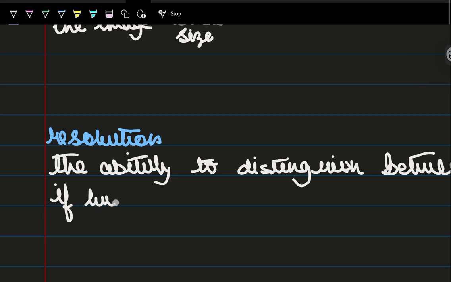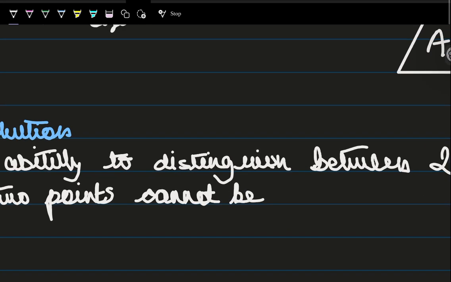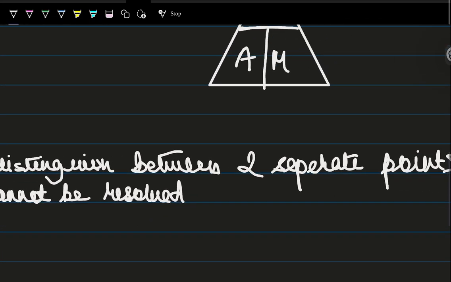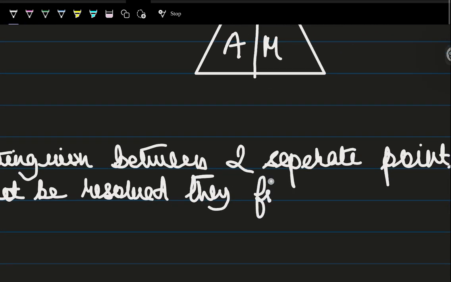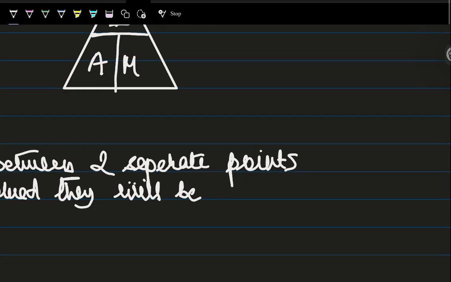If two points cannot be resolved, they will be considered as one point.